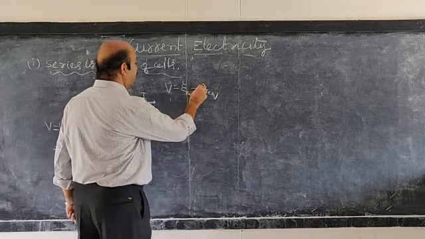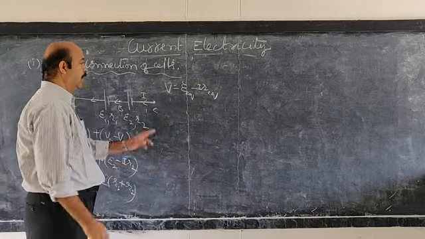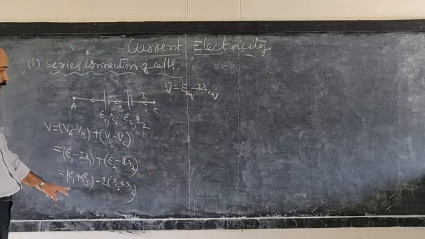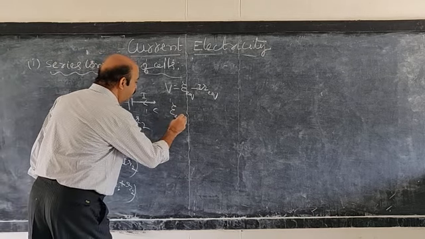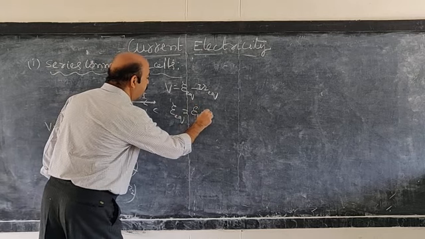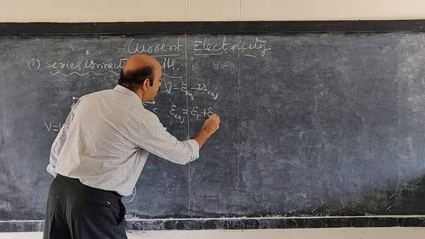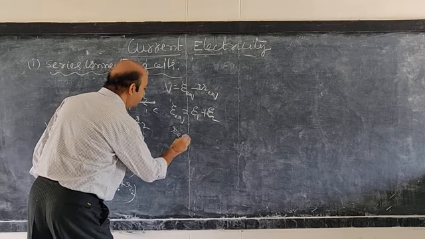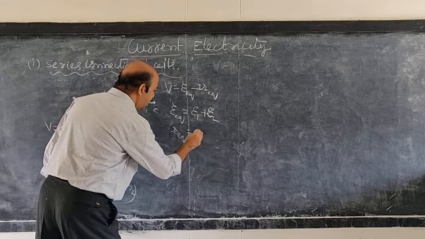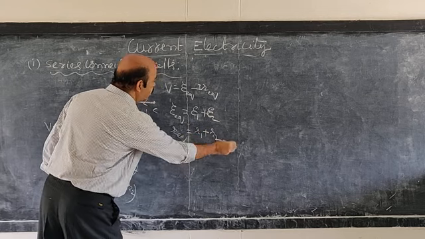So comparing with this equation, we can say that the equivalent EMF is E1 plus E2, and the equivalent internal resistance of such a cell is R1 plus R2.